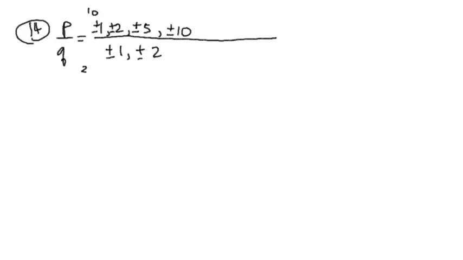So now you're going to write this out here as the possible rational zeros are 1, -1 over 1, or 1 over 1, so plus or minus 1, and then 2, plus or minus 2, plus or minus 5, and plus or minus 10.